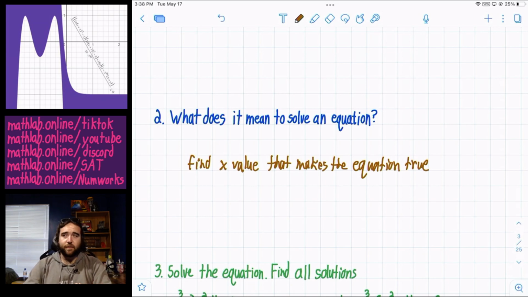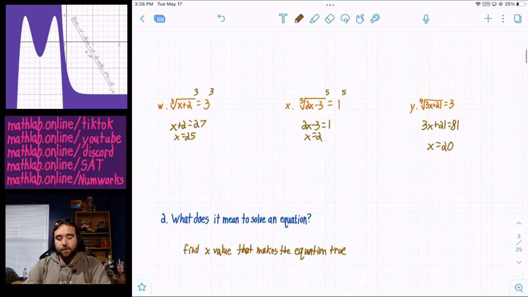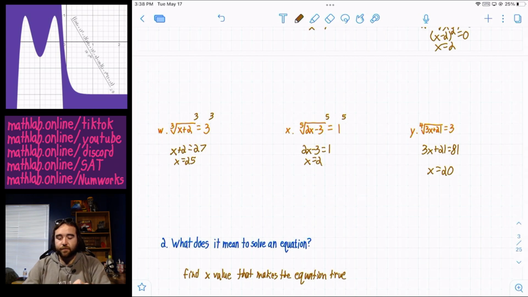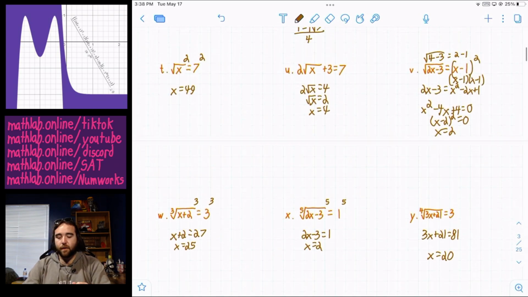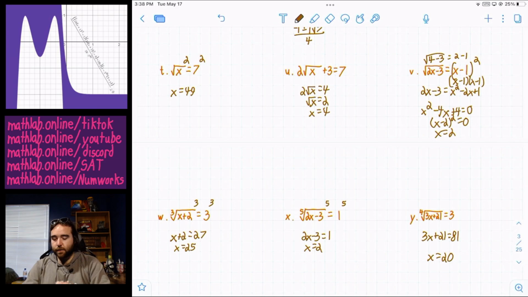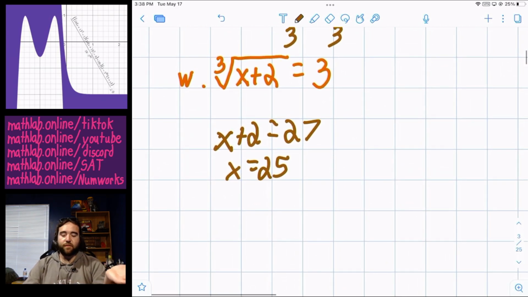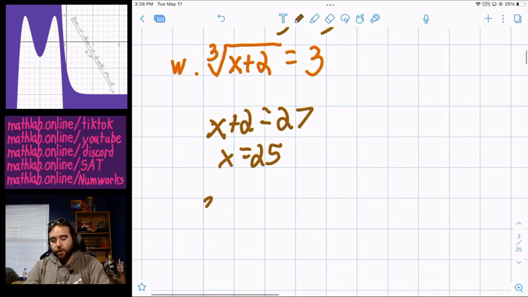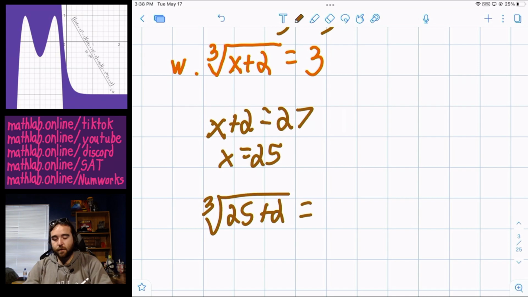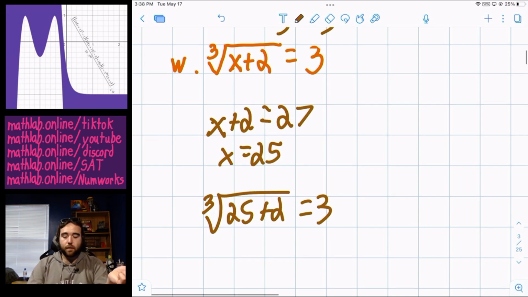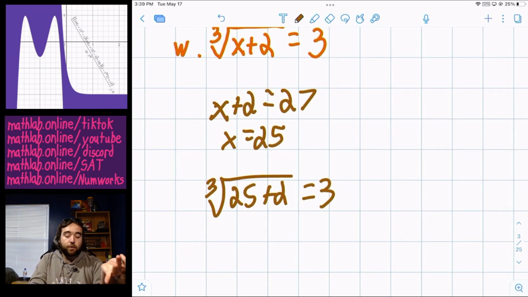That's kind of the basics of it. So like when we solved these equations, we were finding the x values that made the equation true. So like if you look right here, if you plug in 25, the cube root of 25 plus 2, that equals 3. So that's a true equation. That's correct.